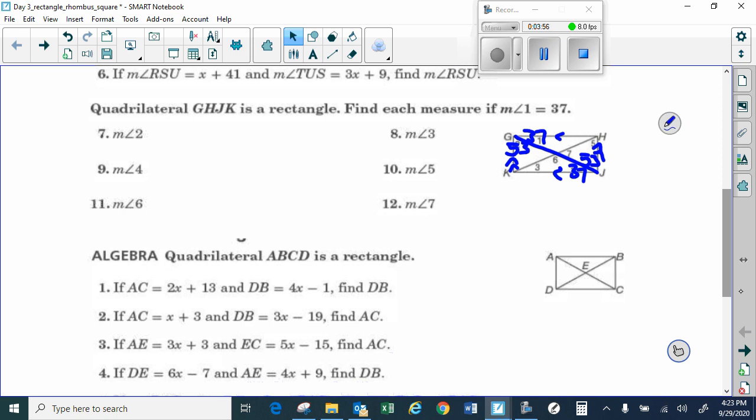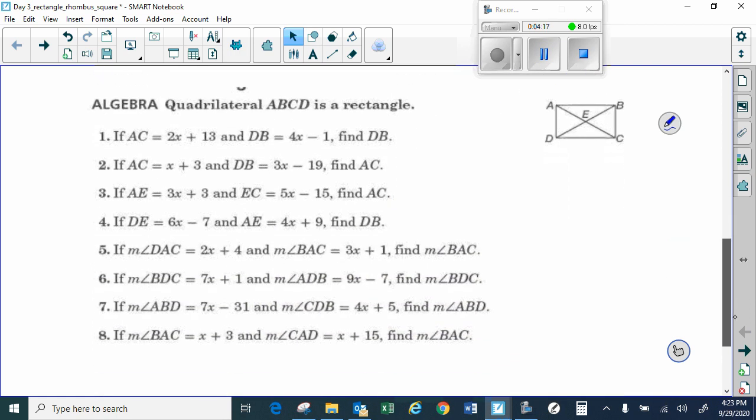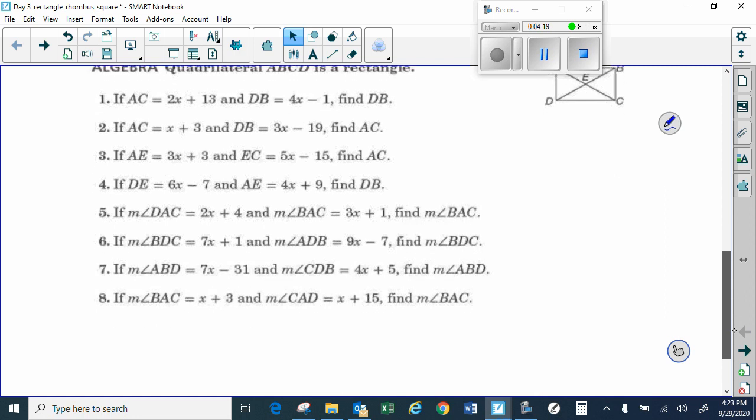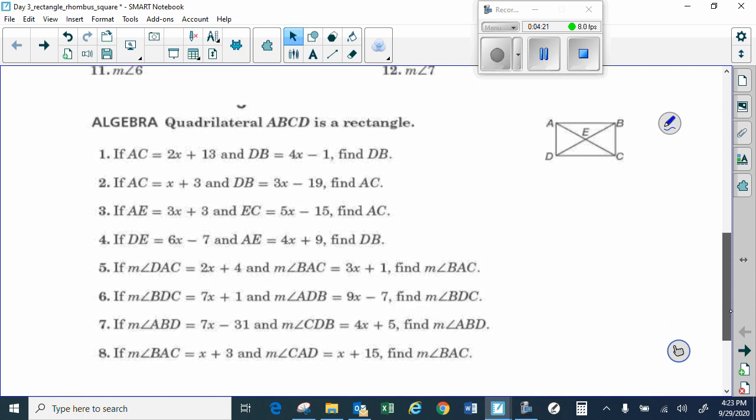Remember the corners are 90 degrees. They bisect each other. That's your hint on that. That will help you with it. Hint is that the diagonals bisect each other. All right, here it's a rectangle as well. So this whole side is dealing with rectangles. More right here.